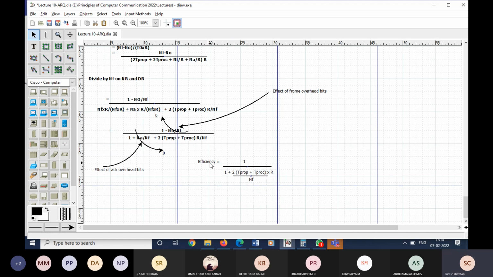So this is the actual efficiency of the stop and wait model during the error-free channel, right? So this again I'll be defining one term here. I'll be calling it D, and D equal to round trip time into R divided by NF.